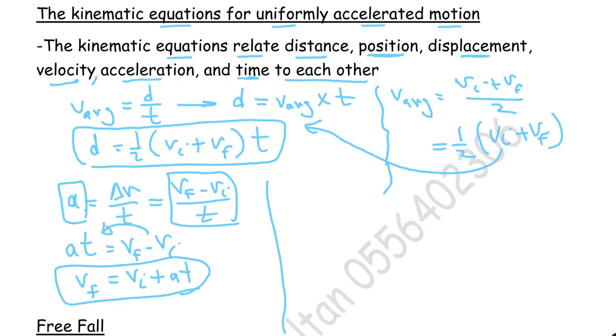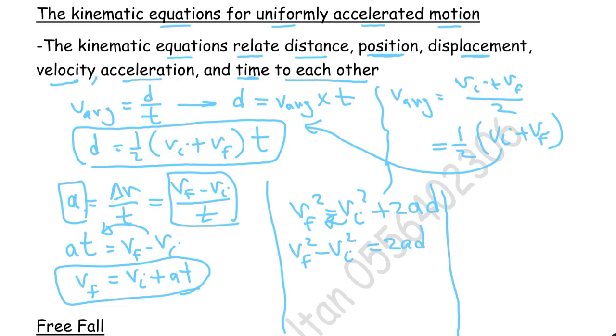We have two more equations. V final squared equals V initial squared plus 2A, and you can write here D, the distance or the displacement. You can rearrange this equation to get what you need by sending V initial to the other side. So V final squared minus V initial squared equals 2AD.